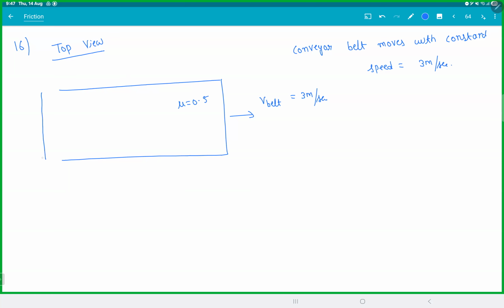This is the width of the conveyor belt, whose value we don't know. You can treat along the conveyor belt as x-axis, perpendicular to the conveyor belt as y-axis. Now what you did, you took a coin and you projected it with a speed of 4 meters per second perpendicular to the conveyor belt.